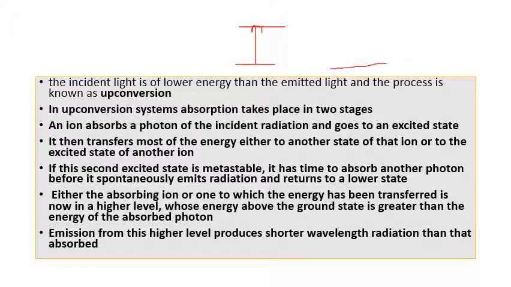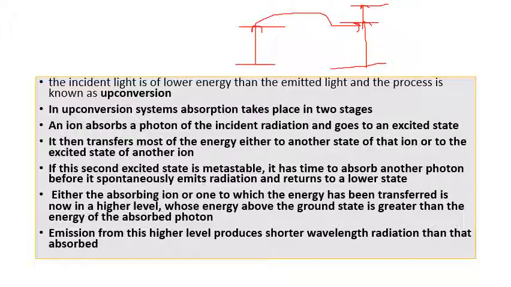Here is another ion which is already excited. This electron which is here has the energy and it transfers its energy to the other ion which is already excited. So this excited electron will go further up to a higher excited state.